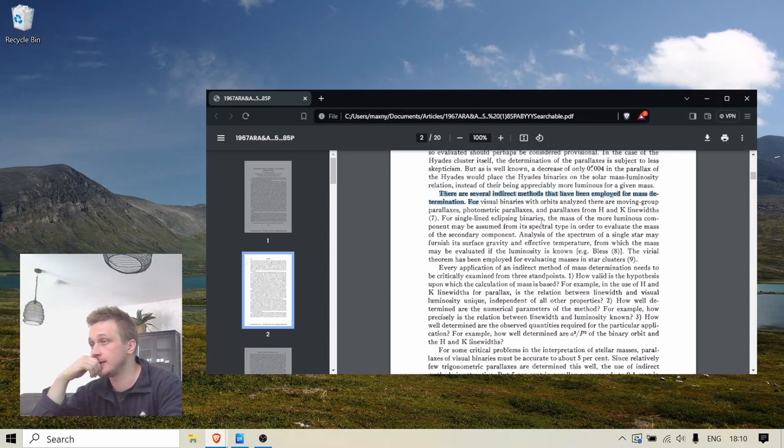Well, I mean, I thought you used the parallax. The reason why we're interested in the parallax is to be able to say what the semi-major axis is. And for that, we need the distance. And to get the distance, we use the parallax. So they're just talking about different ways of estimating the parallax.